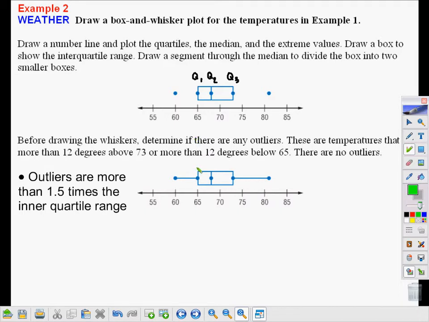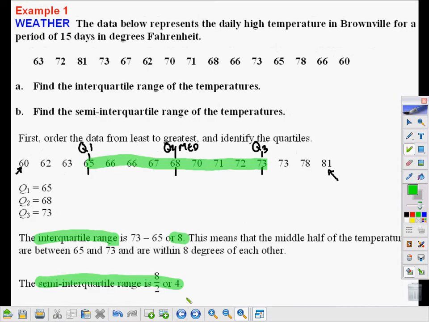So 12 degrees below 65 would take us all the way down to 53. Now this bottom point is at 60, which is not beyond 53, so that's okay. I can go ahead and connect that with a whisker. 12 degrees above the third quartile would take me up to 85, which this upper point here, as we refer back, was at 81.